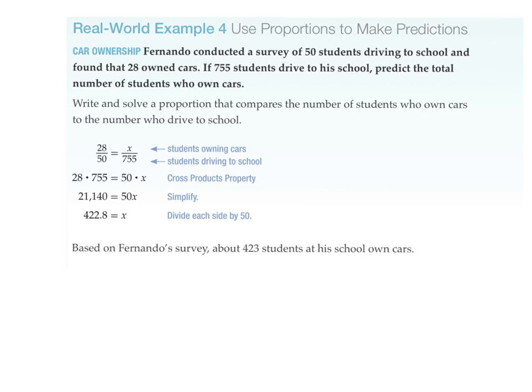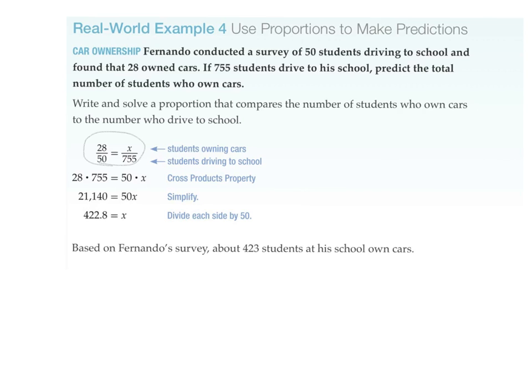Okay, and then obviously in example 4, real world, making predictions, how big is the school going to get, etc. Students owning cars, students driving to school. But again, if you look at what you've got, you've still got a proportion. And it's exactly the same process again. 28 times 755, and that must equal 50 times x.